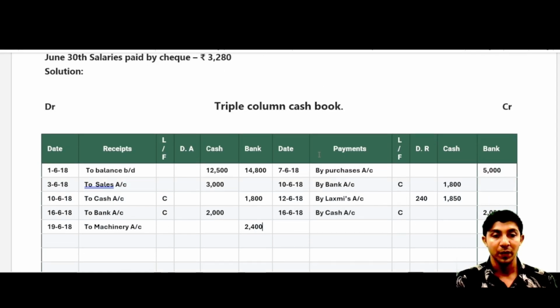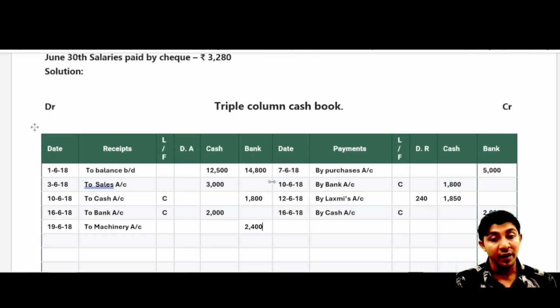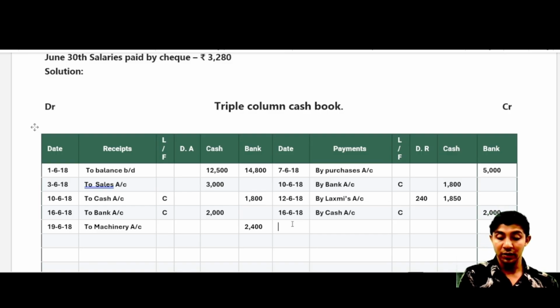2400 is the amount. The next transaction is on 25th June. Advertisement expenses 150. If it is expenses, then cash is going out from the business. अगर business में से cash गया, you have to write that transaction on the payment side, and the date is 25th June 2018.